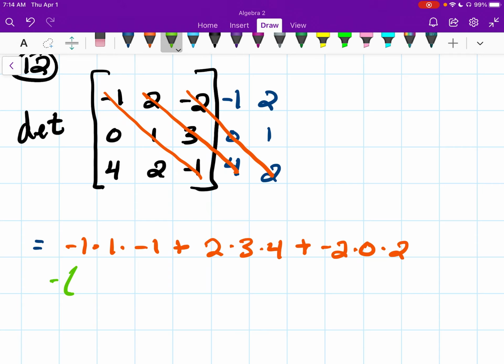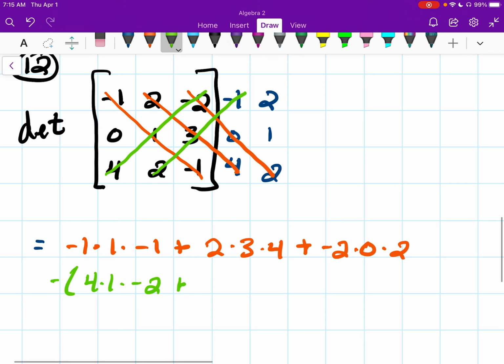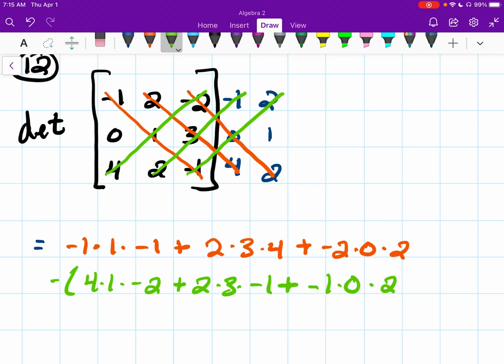Minus parenthesis, 4 times 1 times negative 2, 2 times 3 times negative 1, and negative 1 times 0 times 2.